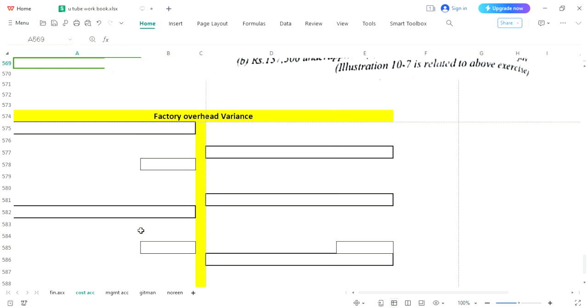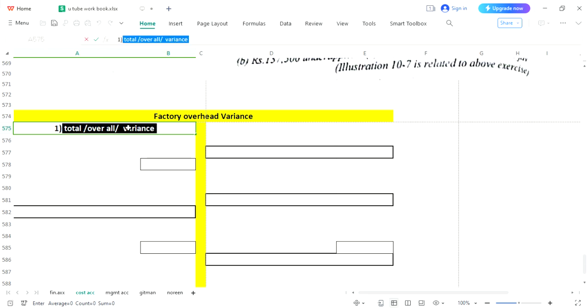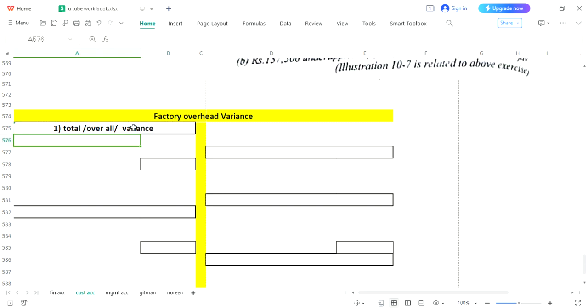We have the left side where we will calculate the variances. On the right side we will be writing supporting statements. So let's start. First of all, we will calculate over here. The very first thing is to calculate total variance, which is a relationship between two FOH.